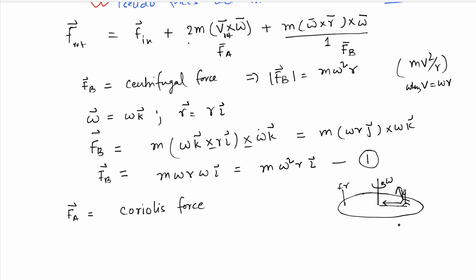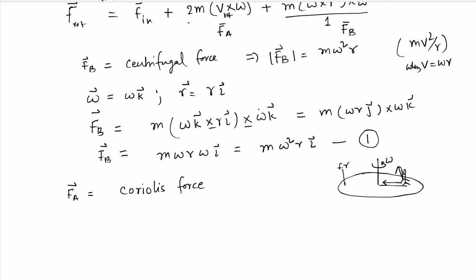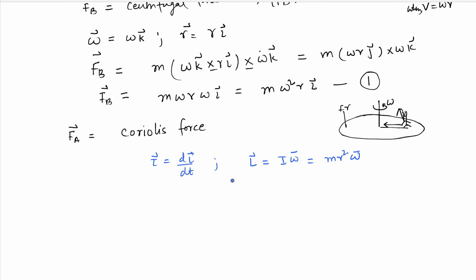Okay, now how do we define it, right? How do we compute it? So let's take this person's movement. Okay, torque is defined as dL by dt, right? So let's say L is nothing but I omega, which is m r square omega. Now let's just differentiate this.